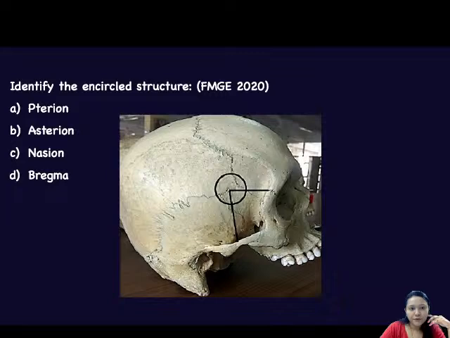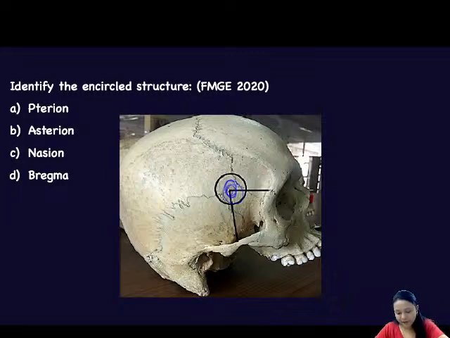So the first question, which has been repeated twice, is to identify the encircled structure. Can you see the structure? They have asked you to identify this.